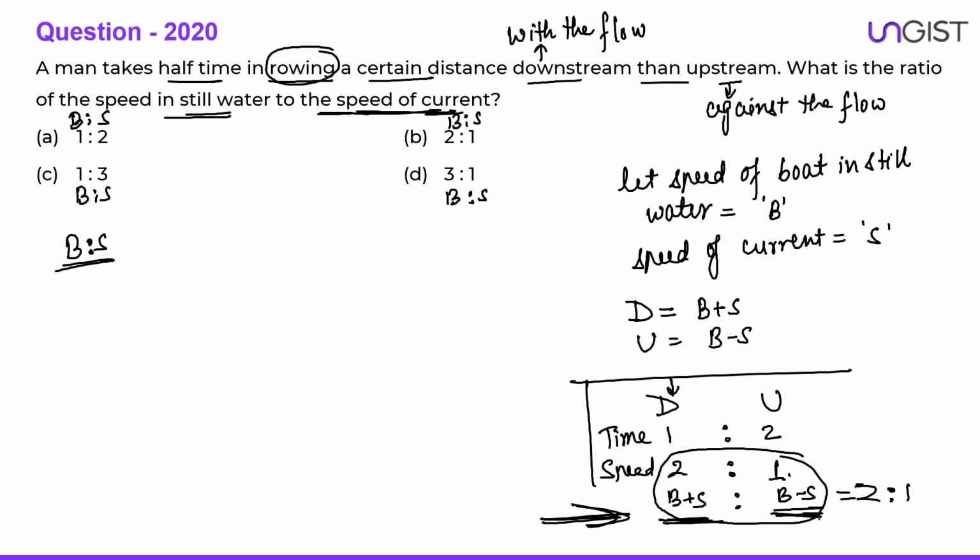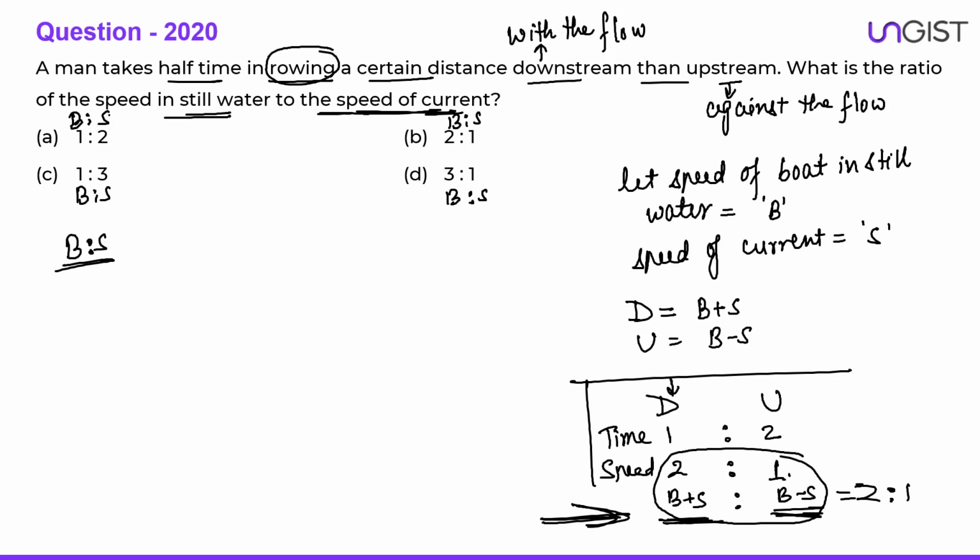And moreover, B is to S is given, so obviously the speed of the boat should be more than the speed of the current. I repeat, the speed of the boat should be more than the speed of the current. Otherwise, upstream movement won't be possible, right?